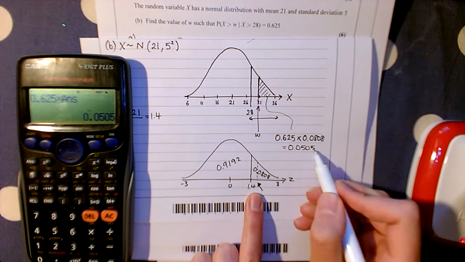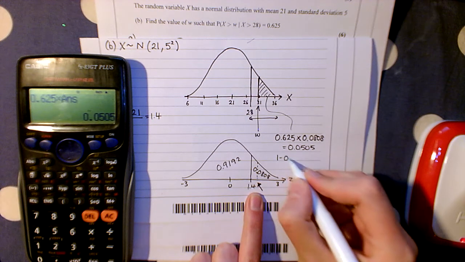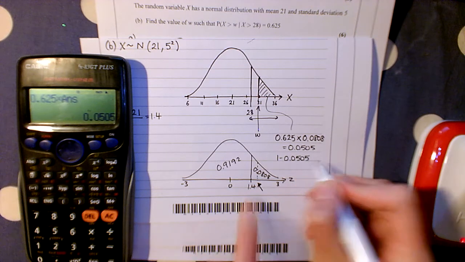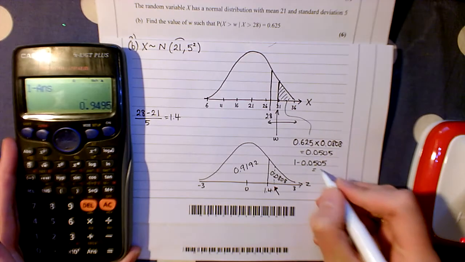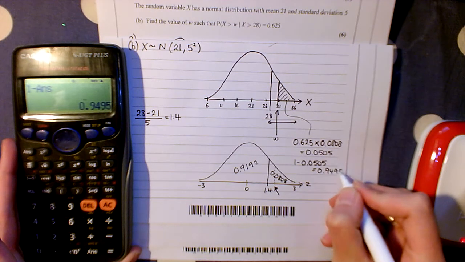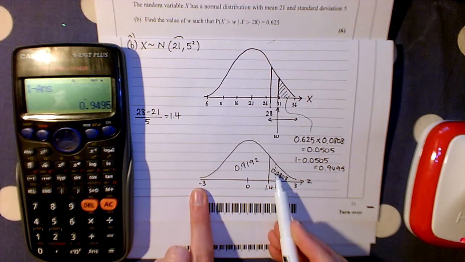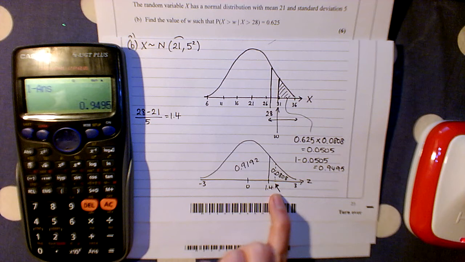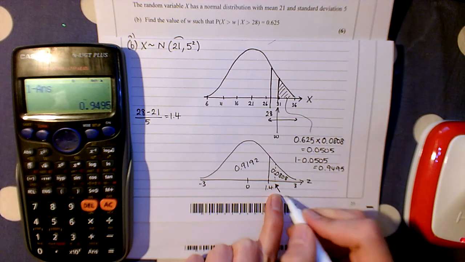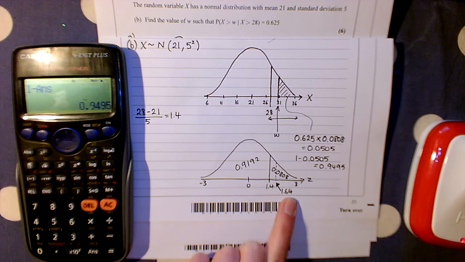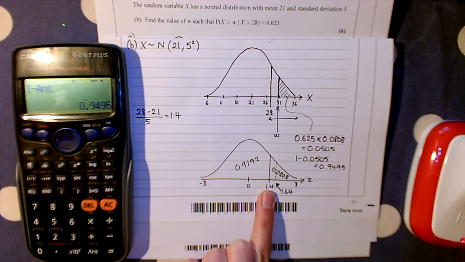I can't look up this directly though, so I'm going to have to do 1 take away 0.0505, which gives me 0.9495, so that I can look up from this direction what this number would be. And can I find it? 0.9495 is happening at 1.64, which looks right, a little bit higher than 1.4.